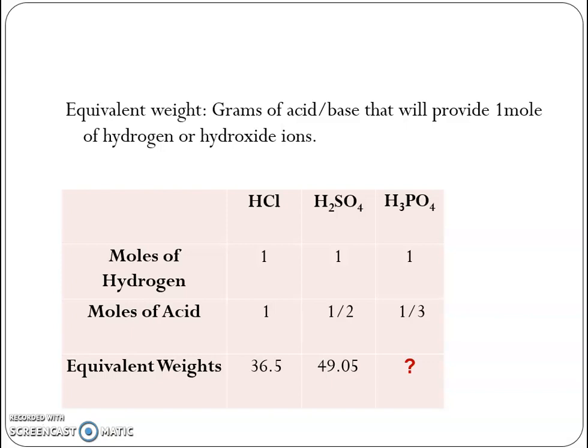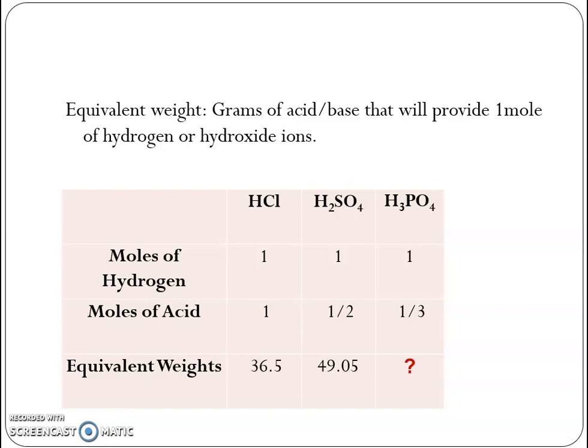In HCl, 1 mole of acid will give 1 mole of hydrogen. In H2SO4, 1 mole of acid contains 2 moles of hydrogen. That is, 2 moles of hydrogen are given by 1 mole of acid. So 1 mole of hydrogen will be given by 1 upon 2, that is half a mole of acid.